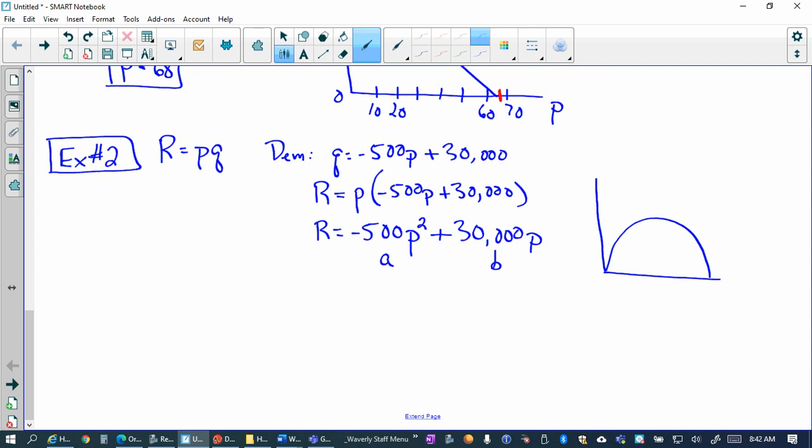For this one, I want to make sure you can do this. Do the check there. I want you to determine the revenue if the price per item is $25. Well, there's our function. I'm just going to plug in a price P of 25. Tell me what you get.